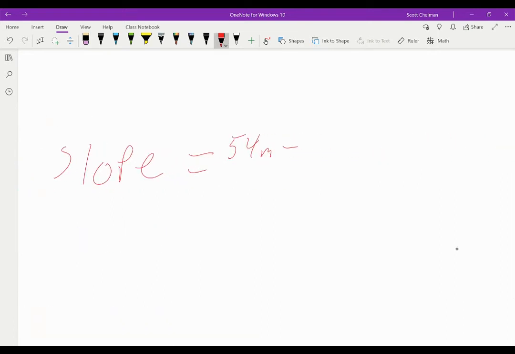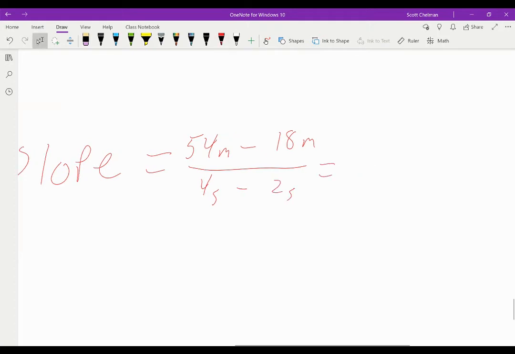So we have 54 minus 18. The 54 meters was at 4 seconds, and the 18 was at 2 seconds. So we have 2 seconds on the bottom. And what's on top? 54 minus 18. 36.